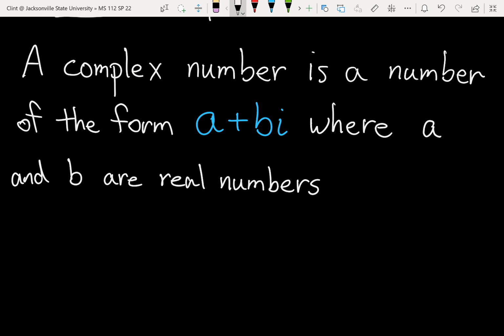Include rational numbers, when we get fractions involved, like a half, 2/7. Then we have irrational numbers. Those are numbers that we cannot write as fractions. Those are things like the square root of 2, pi.